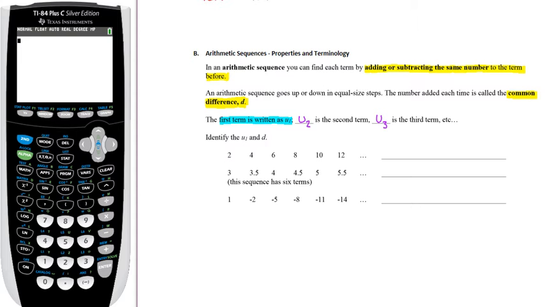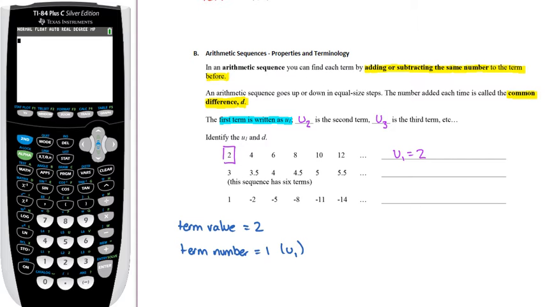There are a few examples here, and we can identify u1, the first term, and d. If we look at this first sequence, the first term is 2, so u1 is 2. It's really important to distinguish between different things. We have the term value, and the value of the term in this case is 2. The term number, where this term falls in the order, is actually 1, because it's term 1, or u1.